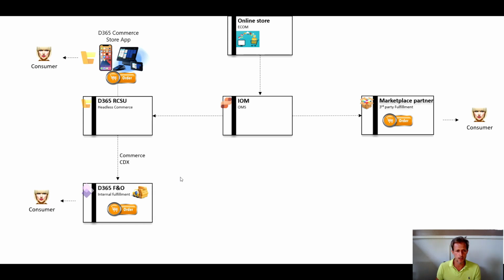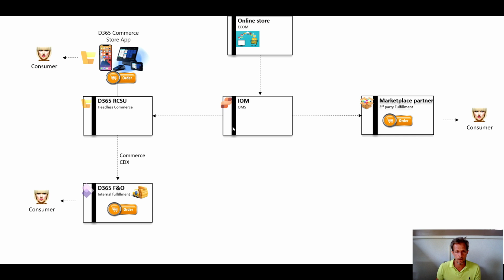But this proves that any third-party application, including IOM, can use the scale unit to land an order and to do any types of operation which is relevant for retail via the standard scale unit APIs. The only customization or extension that I've done to the scale unit here is the extension related to these specific variants that needed to be created in real time before the order landed.